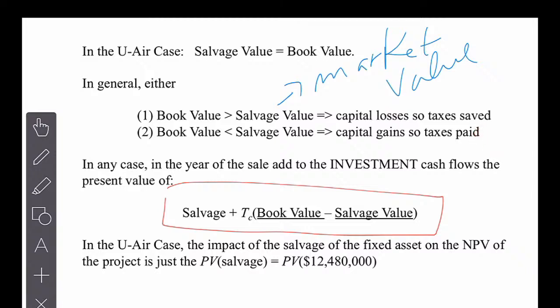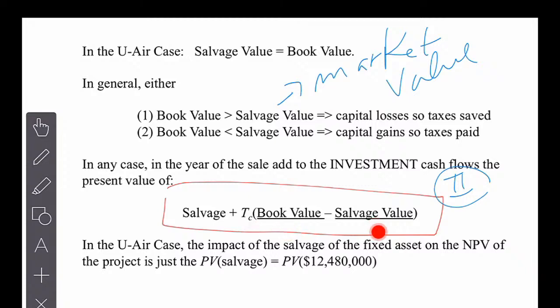All right? So this looks very complex at the outset, but it all falls down to this formula. Use this. In any case, in the year of the sale, add to the investment portion, which I'm calling part 2, the cash flow of the present value of this amount: salvage plus the tax savings or the tax payment for this minus this.